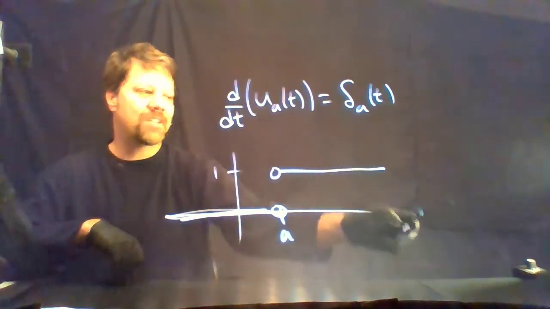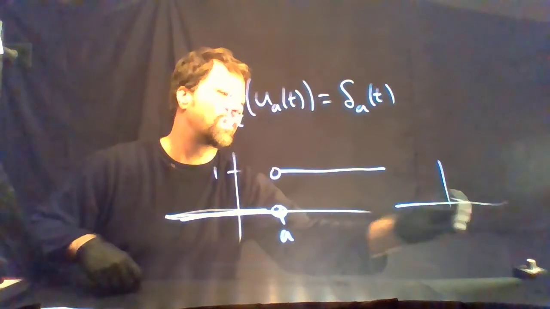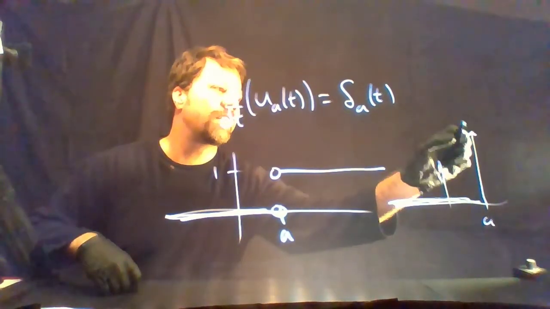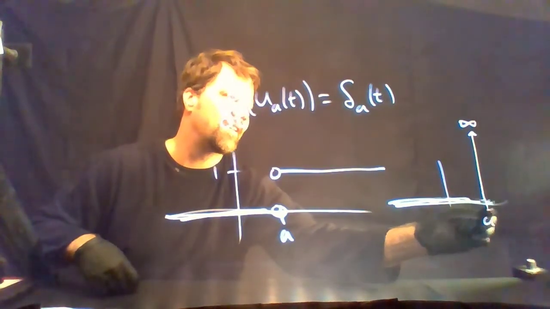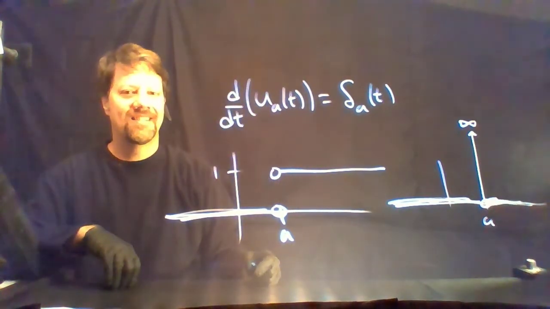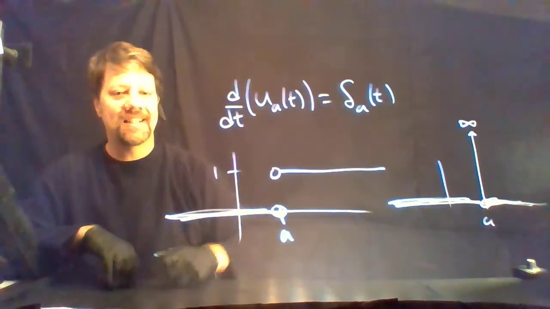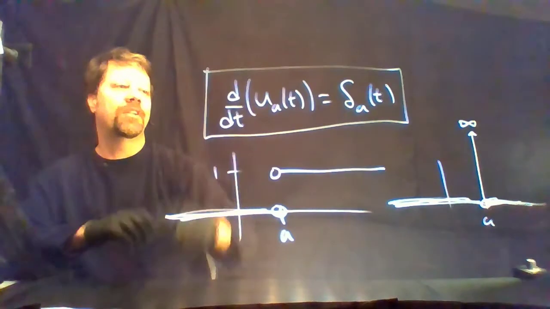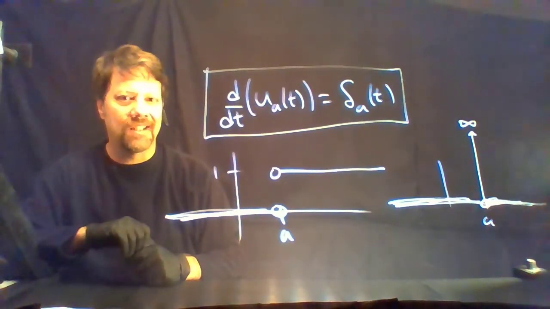And that kind of matches the model here for our slope of being 0 until you get to a, being infinite at a, and then 0 afterwards. It's fascinating to see that the derivative of the unit step function is the Dirac delta function.